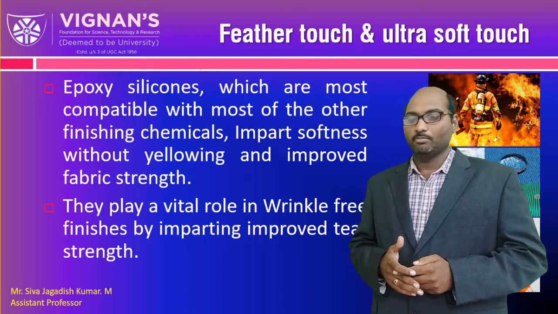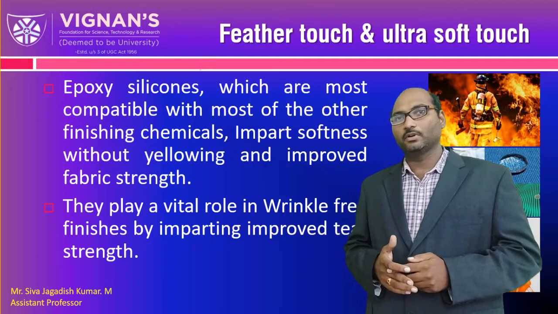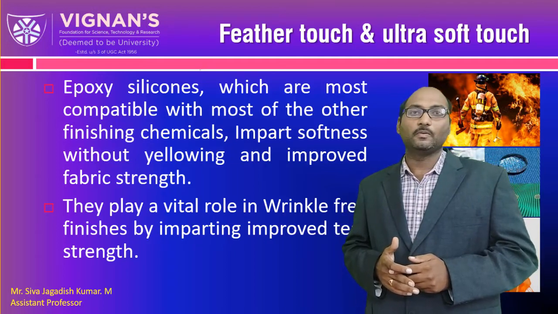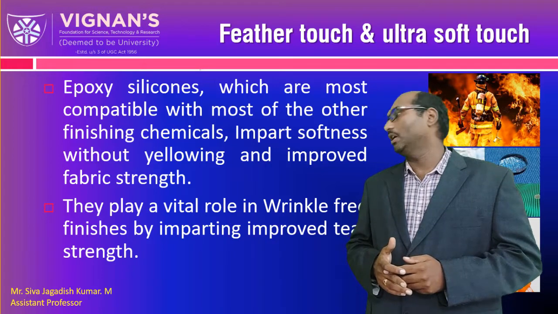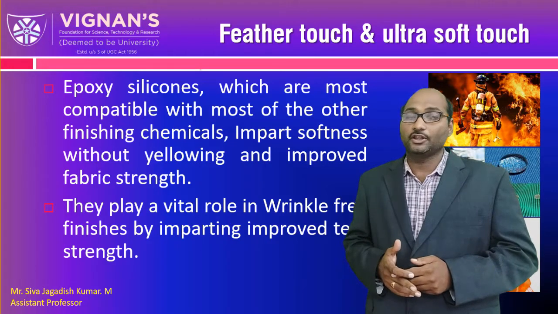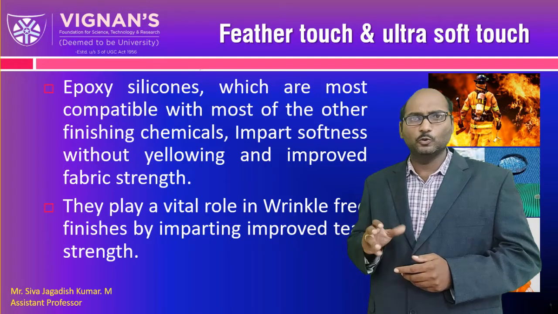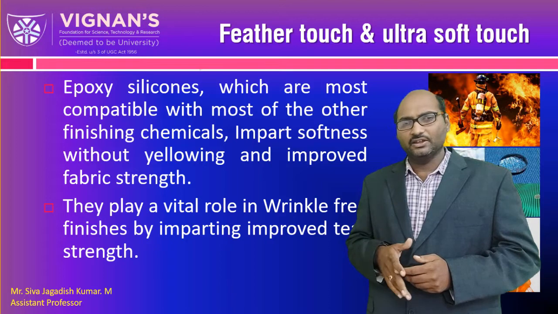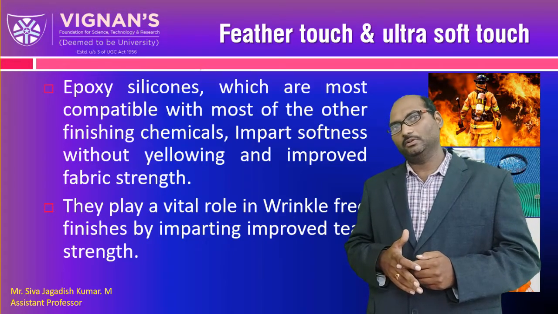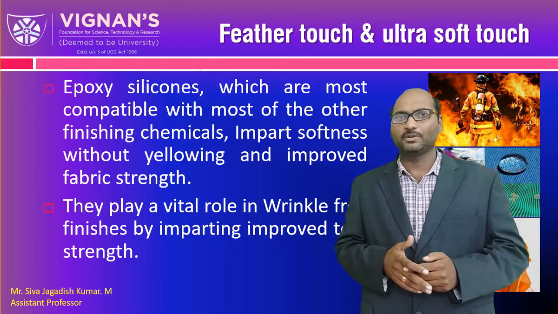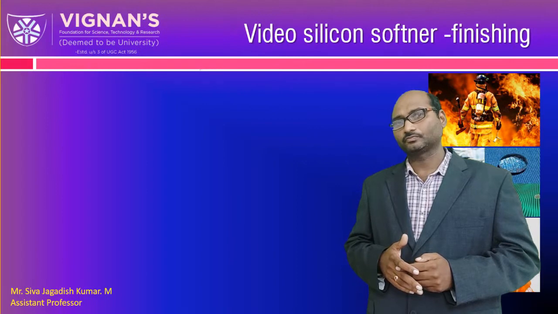Generally, giving wrinkle-free finishes causes a strength loss of up to 20%. But with feather touch finishes using epoxy silicones, the surface becomes smoother, more peach-like and thin, and the strength reduction is not as high. A slight reduction will take place, but not up to 20%, maybe up to 5%.